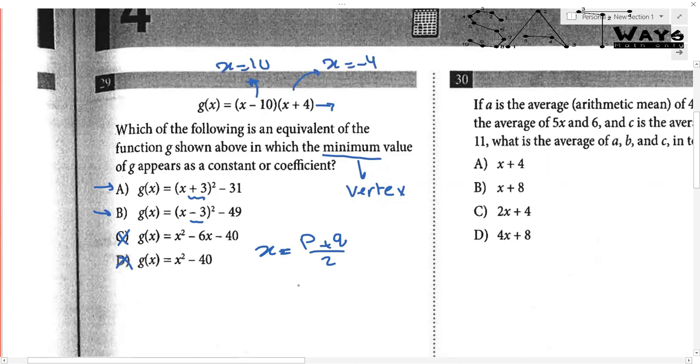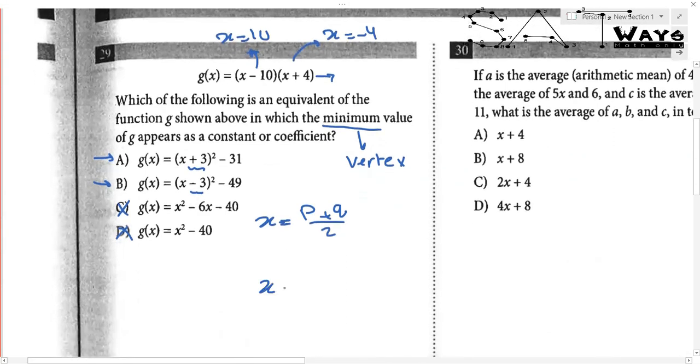So instead of p and q, let's put 10 and negative 4. 10 plus negative 4, which means 10 minus 4, over 2. 6 over 2, which is 3. So it's positive 3. It's going to go inside the bracket with a negative sign. So positive 3 goes inside the bracket as negative 3. So the answer is B, and this is it.